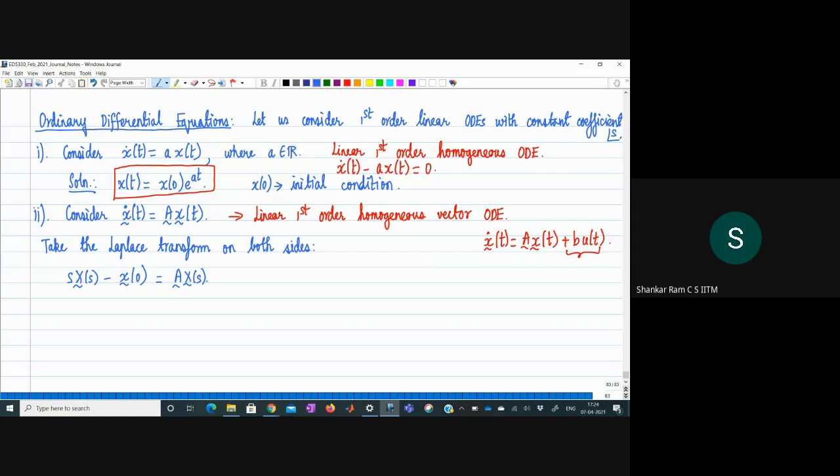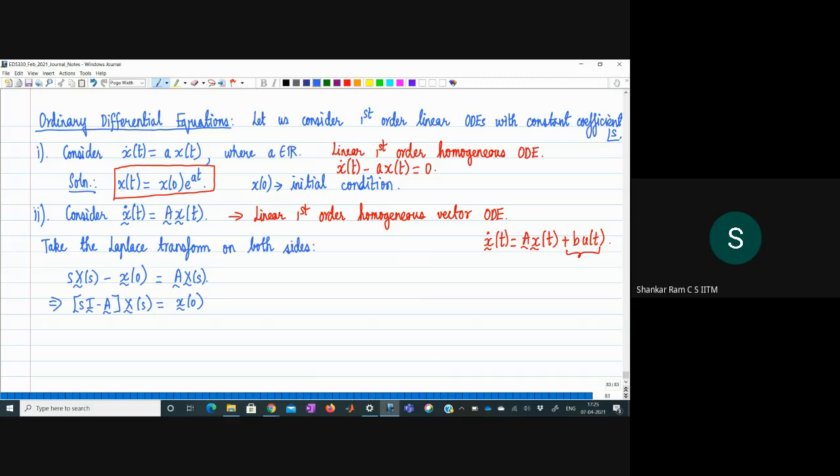Now if we group the terms of capital X of s, we get (sI minus A) X of s equal to x0.